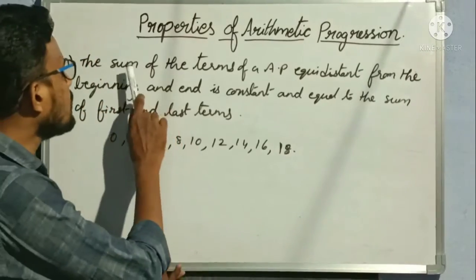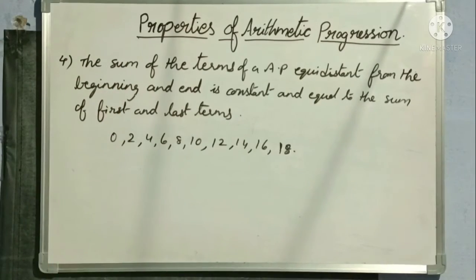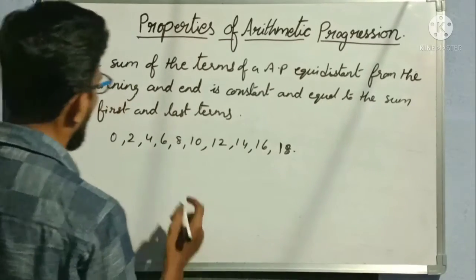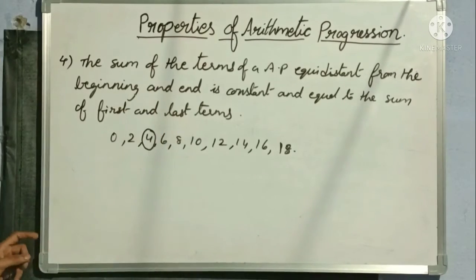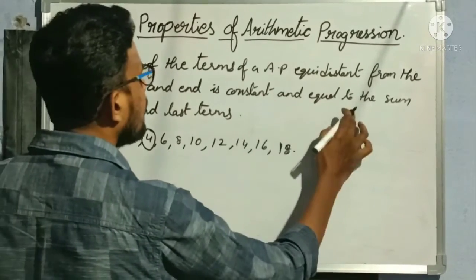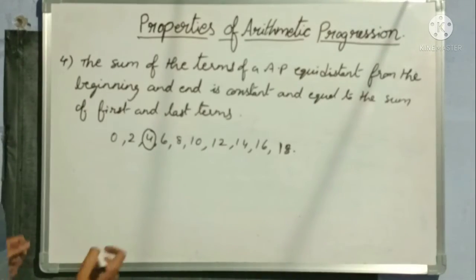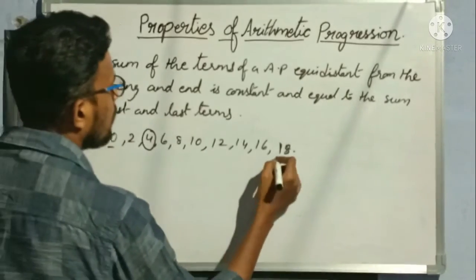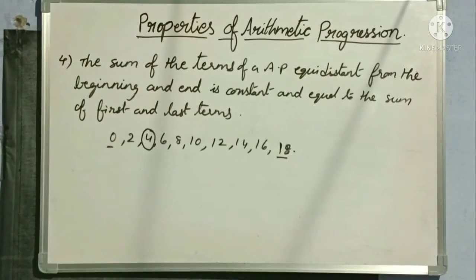So what he is saying is the sum of the terms of an AP equidistant from the beginning and ending. See here.